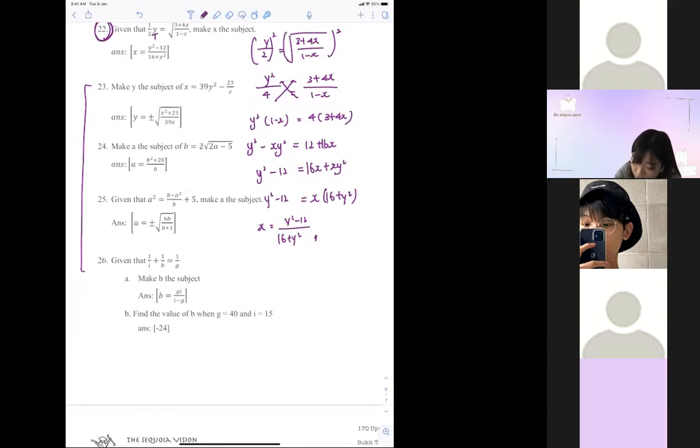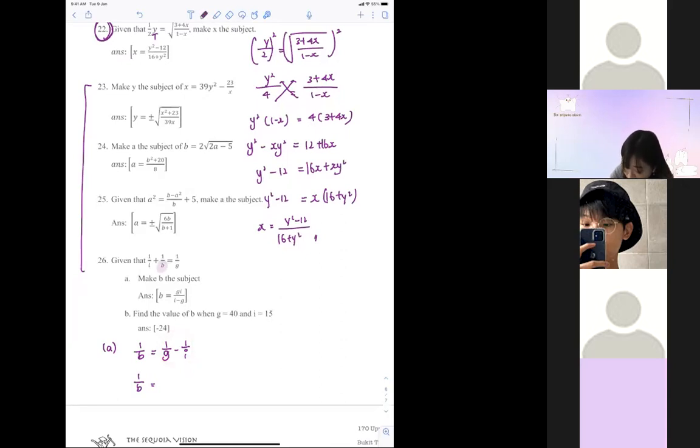Okay, question 26 for part A. I want to make B the subject. So first thing, subject one side, no subject one side. Then on the right side, I make it into one fraction.